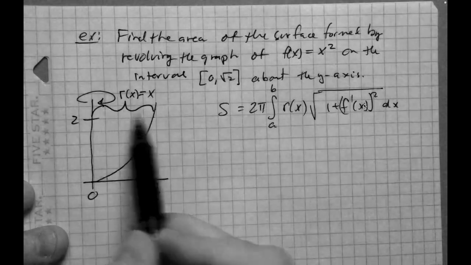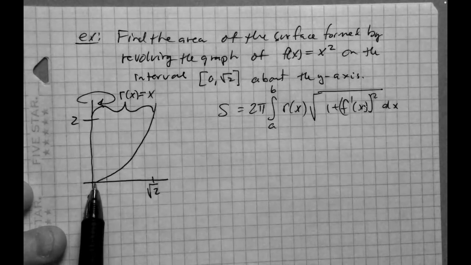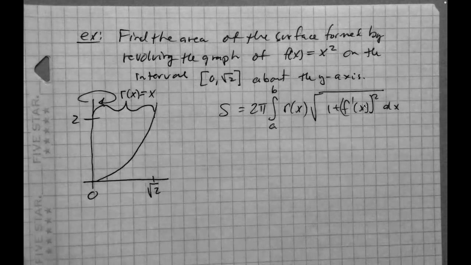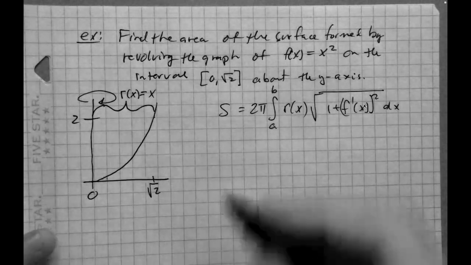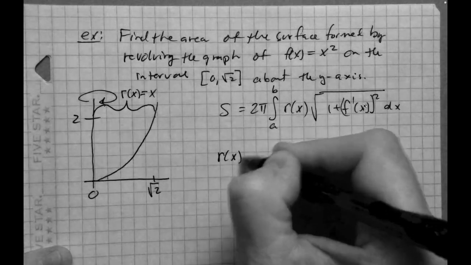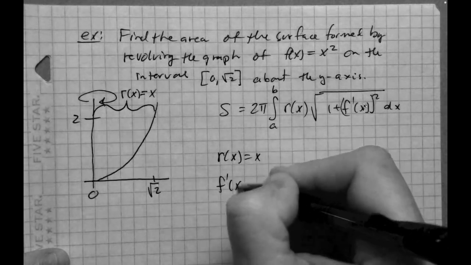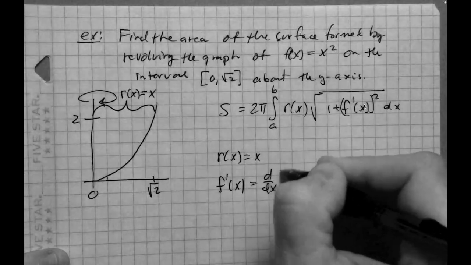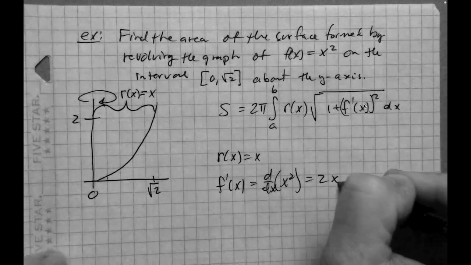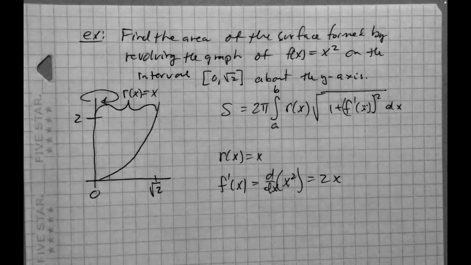Up at the top it's going to be square root of 2. At the very bottom it's going to be 0, and everything in between is everything in between. So r of x in this case is x. f of x, of course, is x squared. f prime of x is going to be d/dx of x squared, which is 2x. Okay, so we've got that.